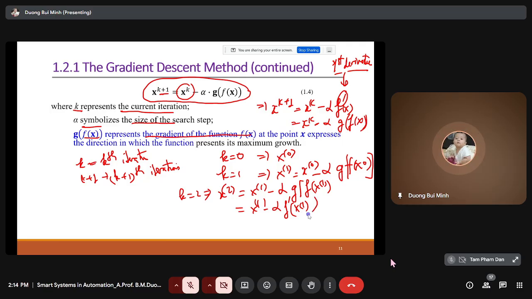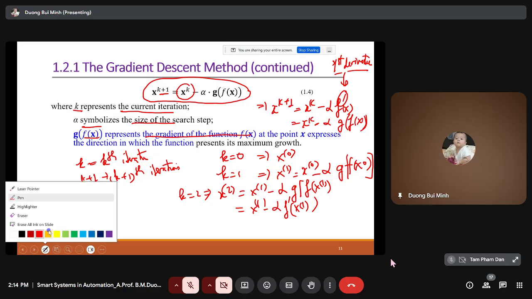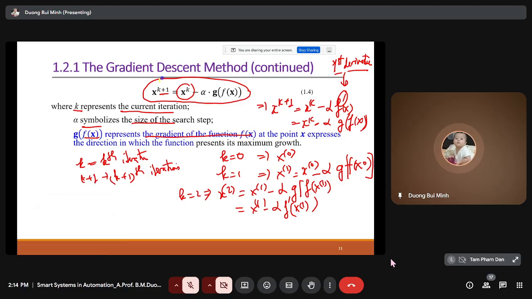If we apply the gradient descent method like this, why do we say descent? Because this is minus. In ascent, it would be positive, but now we just use descent methods, with minus here. If we use the gradient descent method, it is very simple.